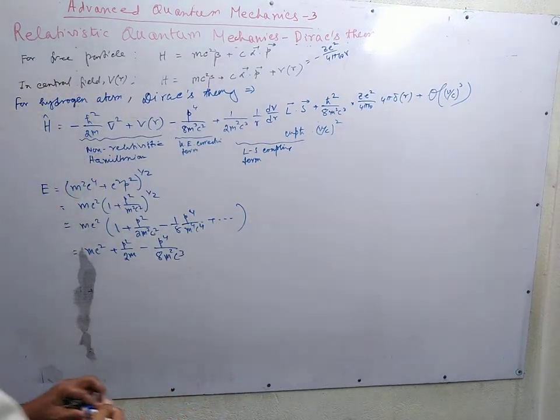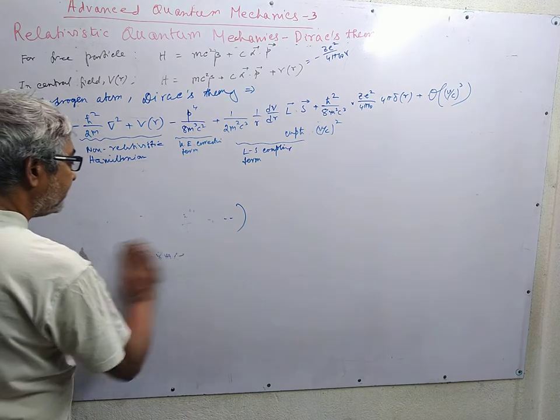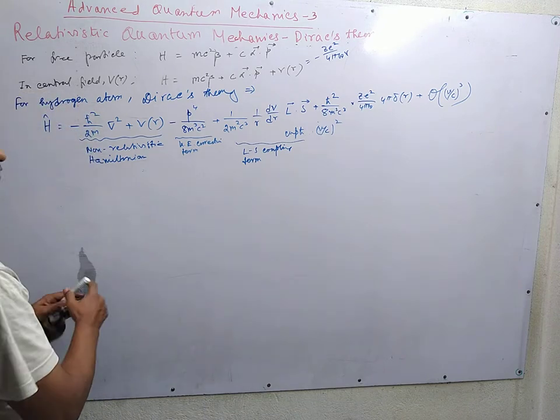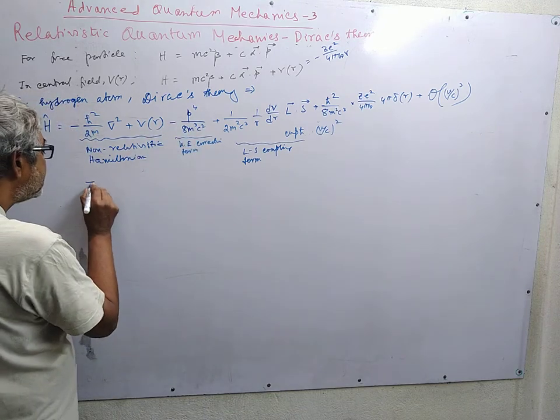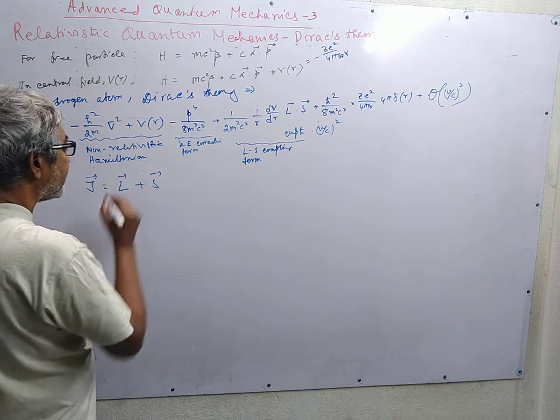The angular momentum and spin interact with each other, giving rise to an interaction term. Note that the J operator is defined as the L operator plus the S operator.